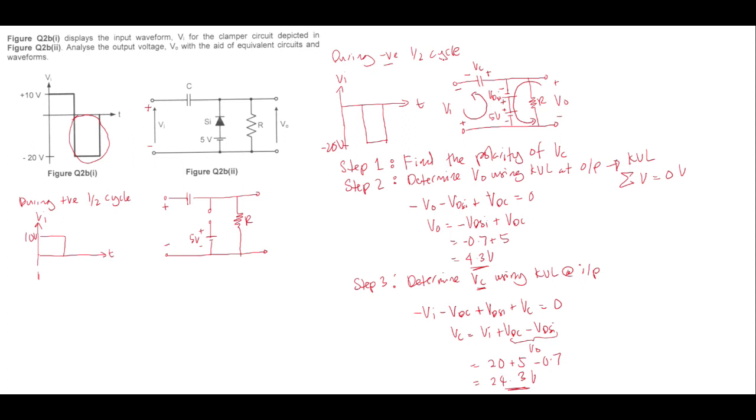The polarity of the capacitor you must follow from the negative half cycle. So during the negative half cycle, the capacitor polarity is positive at the right and negative at the left. So this is VC. The last one here, plus minus, is the output voltage.